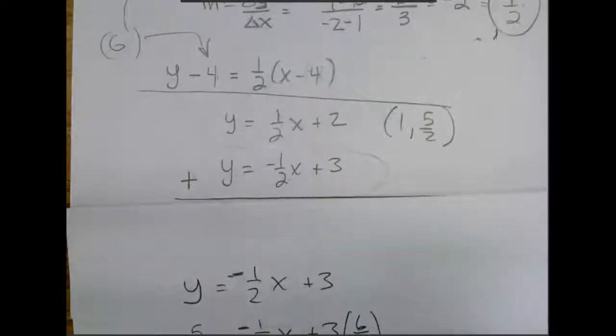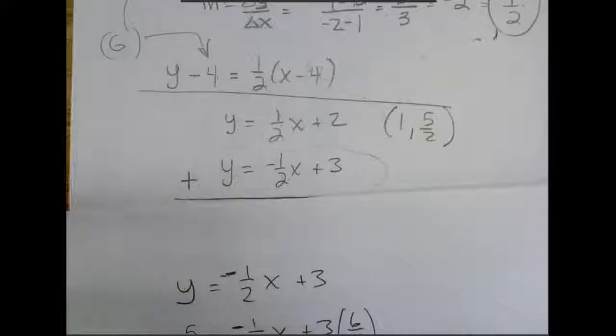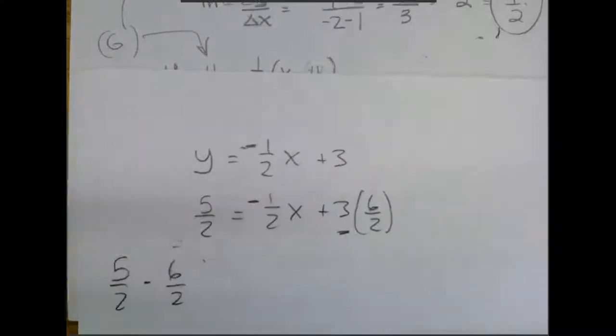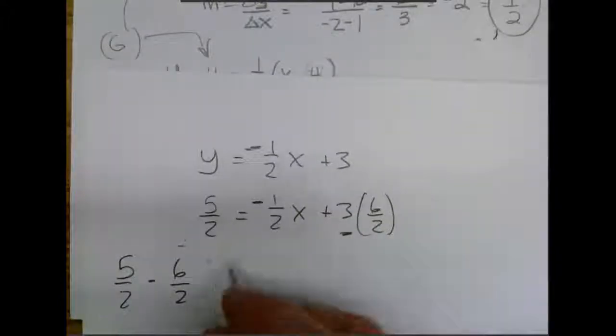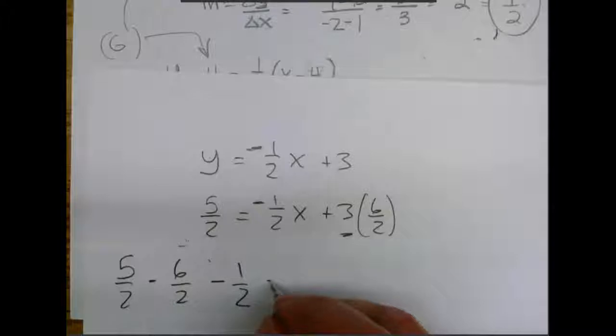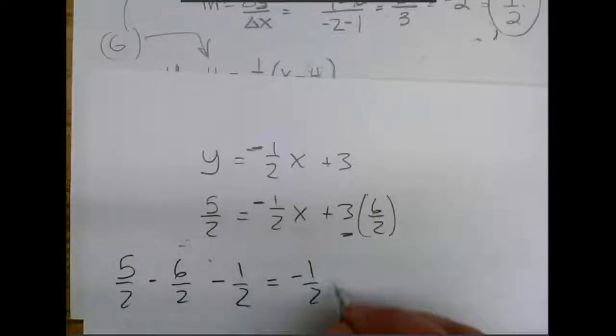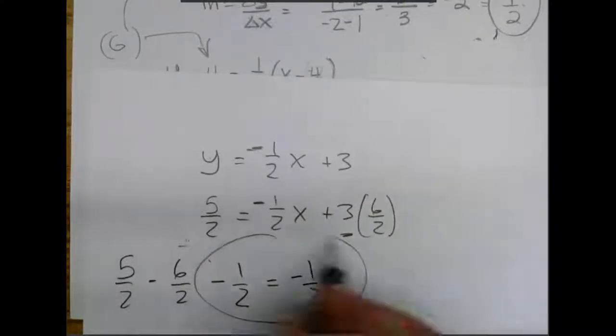I'm going to subtract that from both sides. So 5/2 minus 6/2, because I'm going to subtract 6 halves from both sides. And then I'm going to get negative 1/2 equals negative 1/2 x. This is what I'm left with.